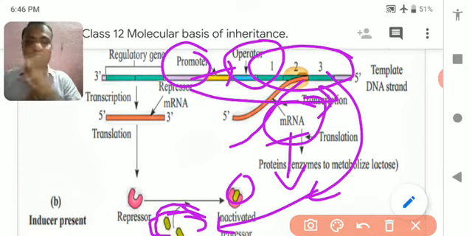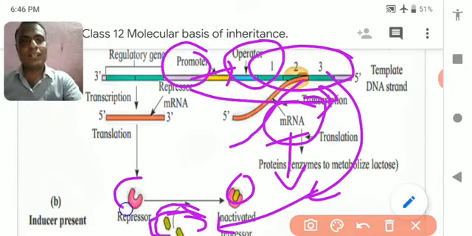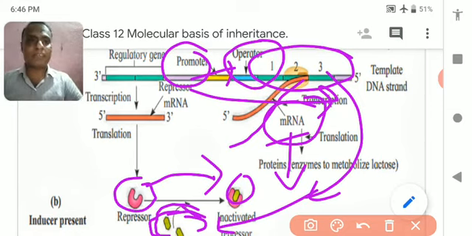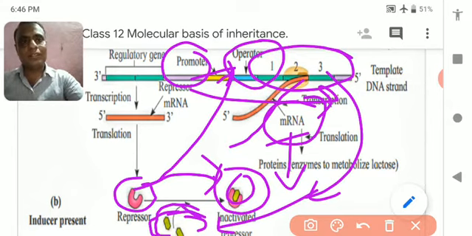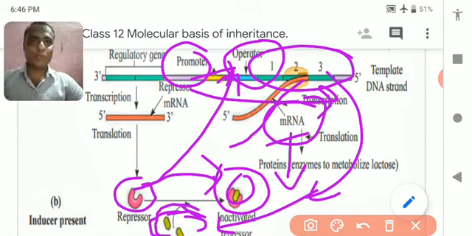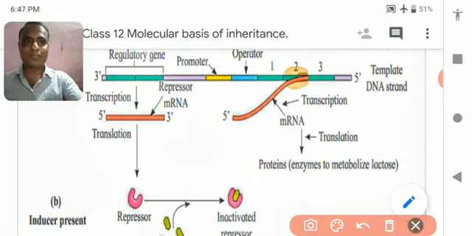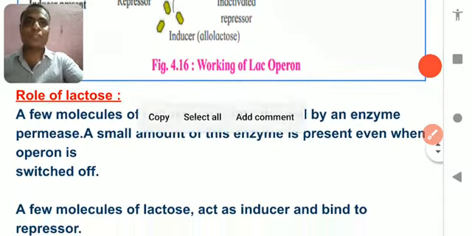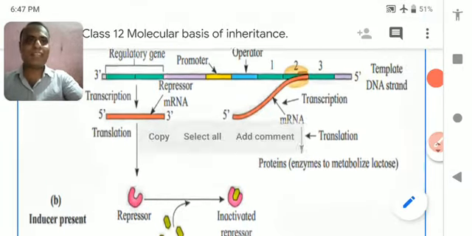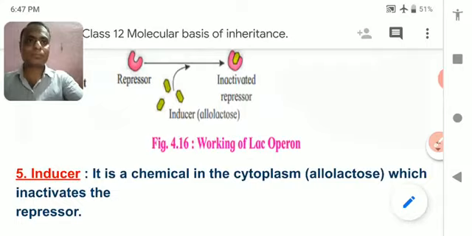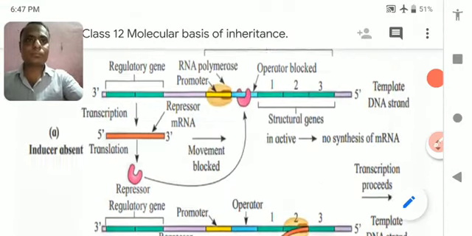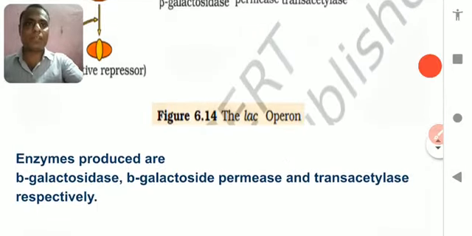When the lactose is finished, the repressor cannot bind with the lactose, and the repressor obviously goes and stops the operator from working and switches off the whole phenomenon. Hope you understood these things. So that is the role of lactose. Have you understood this phenomenon very clearly? So let us study each and every topic very clearly.